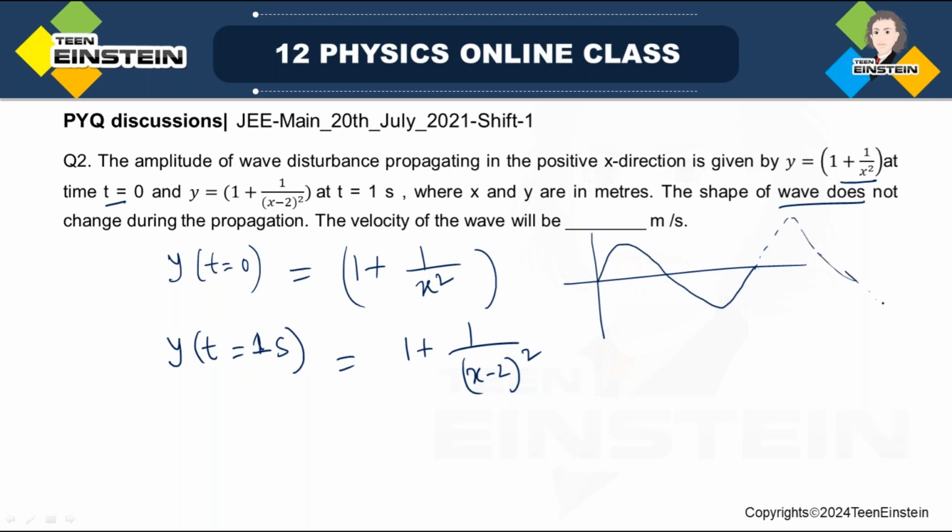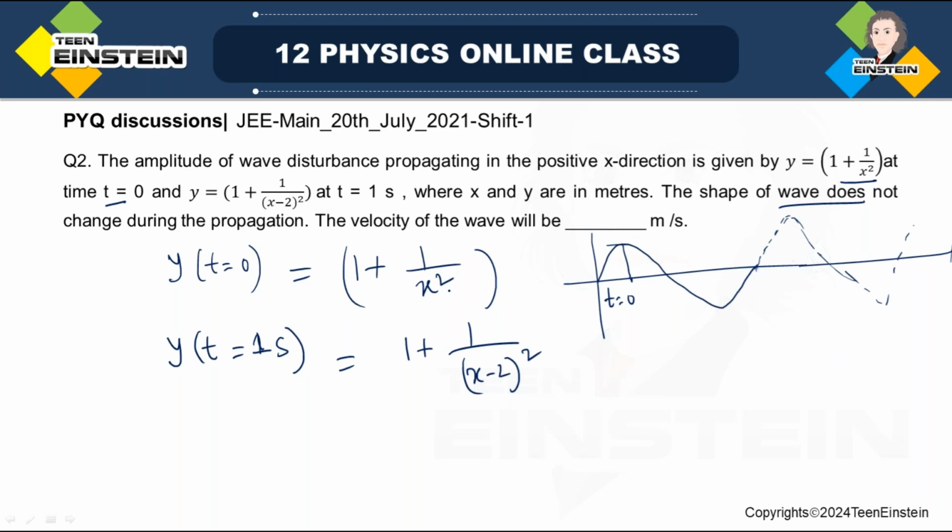See, at t equal to 0 the amplitude is given, so this is the amplitude and the shape of the wave is not changing. That means the amplitudes are the same, right? That's what we can say actually. So one more point, you look here.